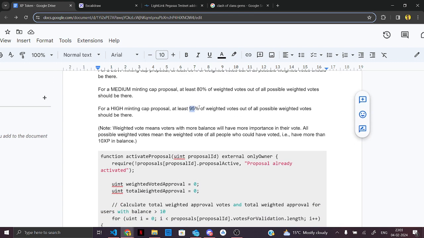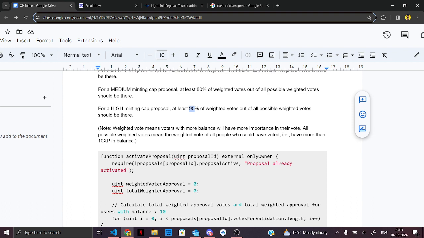Now I'll explain what weighted votes and all possible weighted votes are. Weighted vote means that voters with more balance will have more importance in their vote. So if you have more balance, your vote is more important. And all possible weighted votes means the weighted votes of all people who could have voted.